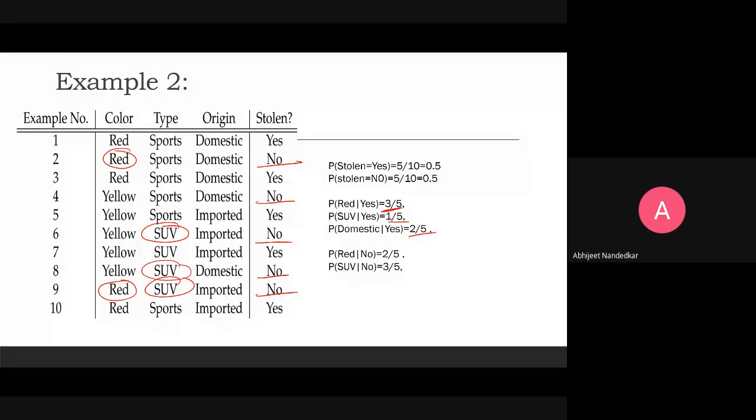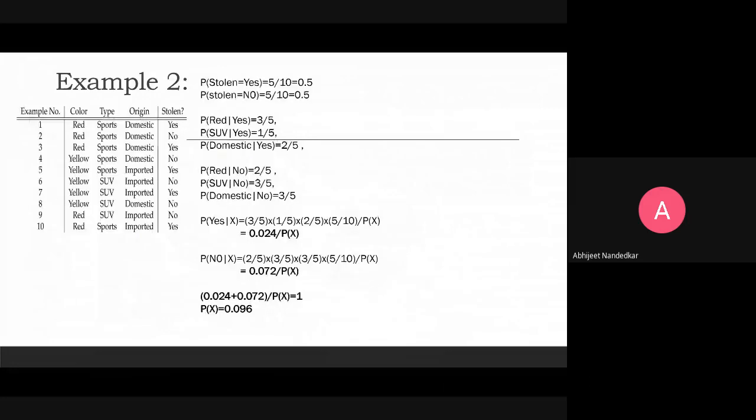Then go to this third question, that is probability that the car is domestic and not stolen. So third is domestic. So this is 1 time, 2 times, and 3 times. So 3 by 5. So I hope everything is now known to us.